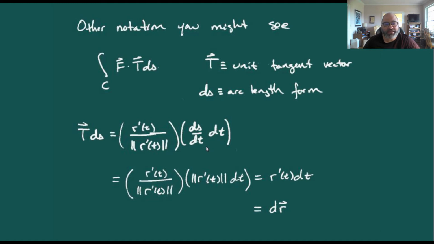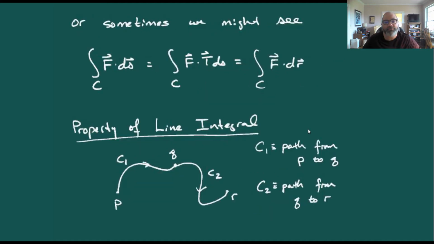dt times dt. Remember when we did that, the derivative of s with respect to t was just the norm of r prime. And so in that case our norms cancel out, and we end up with r prime of t dt, but that was just our usual old dr. And so when we're doing this, we're really doing the exact same thing as if we were doing f dot dr. Other things that we might see instead of T ds, we might just see the vector ds.